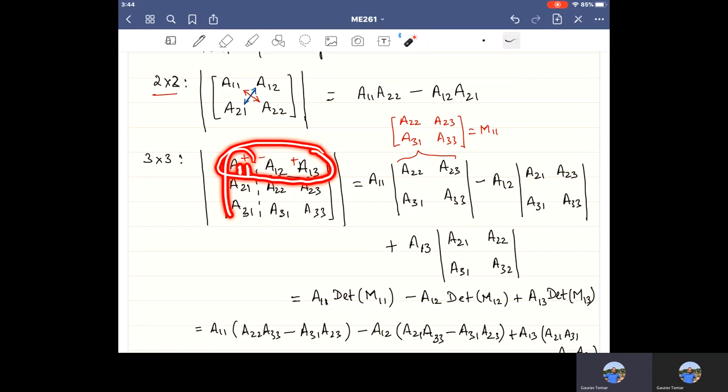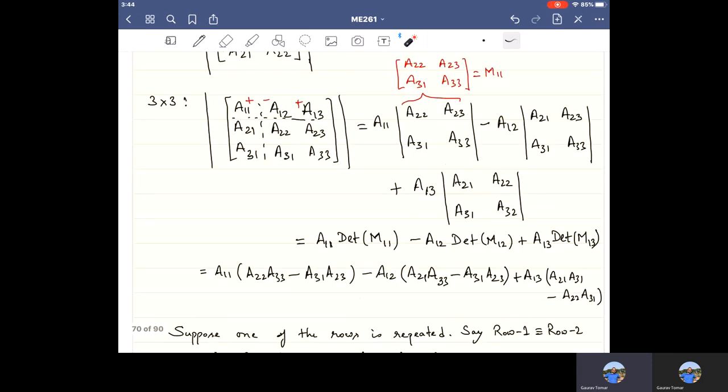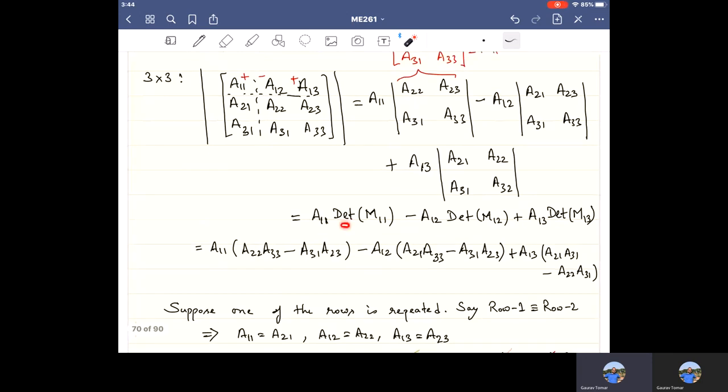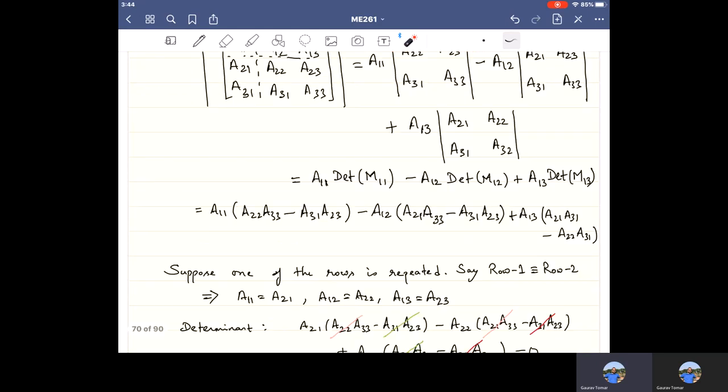So you remove this row and this column, you get another square matrix, a submatrix, which you call M11 in this case because it corresponds to A11. In the same way, for A12 you will call this one M12 and this one M13, and you can calculate the determinants of these. For these 2 cross 2 matrices you already know how to calculate the determinant. This way you can calculate the determinant of a 3 cross 3 matrix.